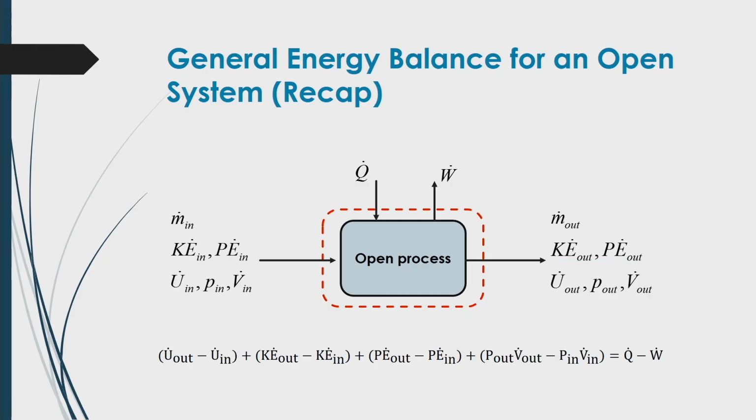We have already discussed how the energy balance for an open system can be represented. Here in these slides, for an open system there will be heat energy supplied to the system, whereas some work will be done by the system, and there will also be some mass flow rate.